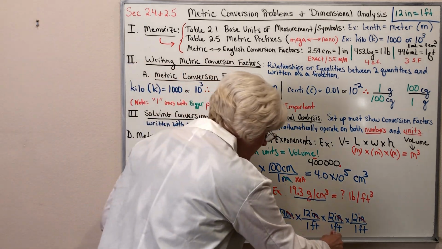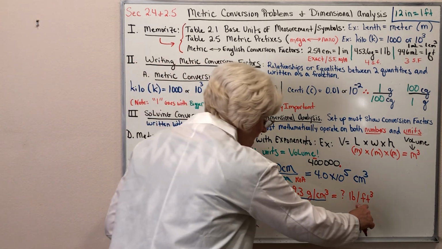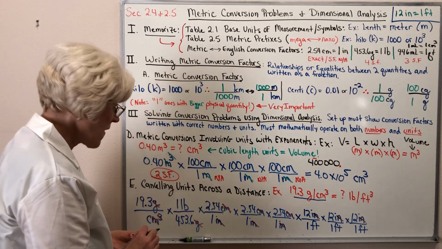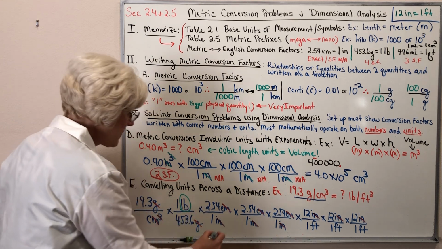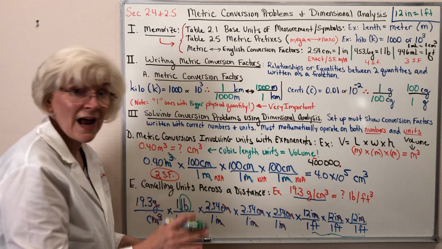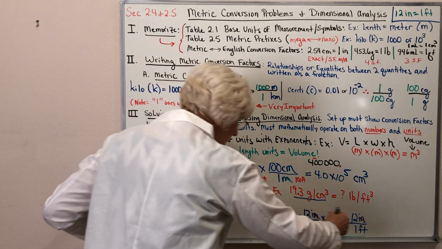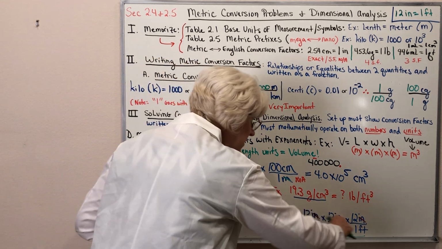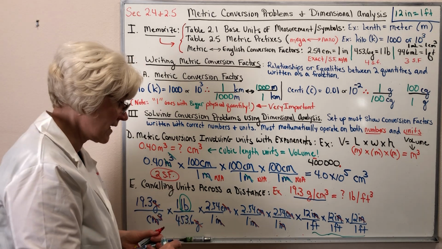And my unit in the denominator is now cubic feet, exactly what I'm asked to solve for. So the only units left showing in the problem are pounds per cubic feet, exactly what we've been asked to solve for. So even though it's a lengthy setup, we're not confused. The dimensional analysis is telling us exactly what we've done here.